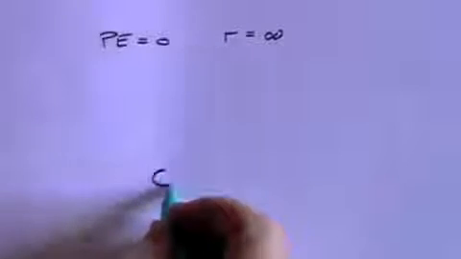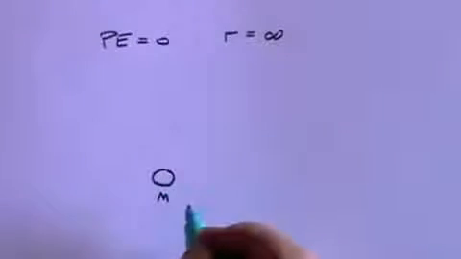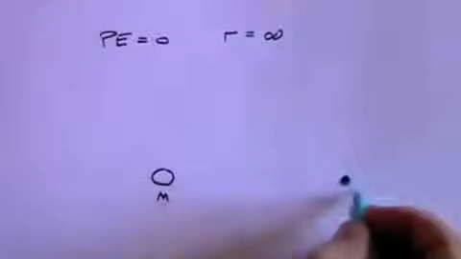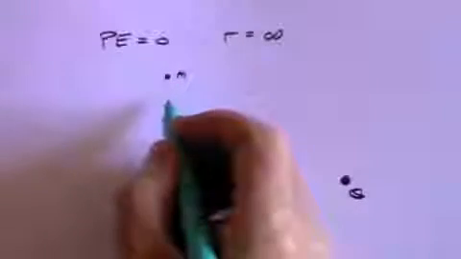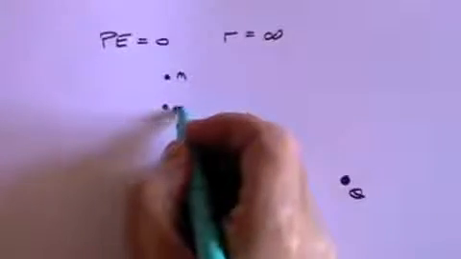For both gravitational fields and electric fields, the potential energy is zero when the distance from the object or charge is infinity. And if you have, let's say, the mass of the Earth here, and on this side we're going to have a charge Q, and you have a test mass M, which you move from here to here.